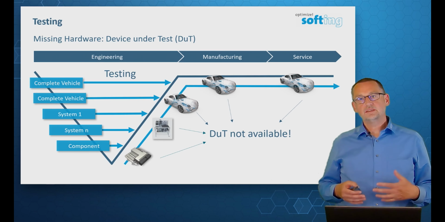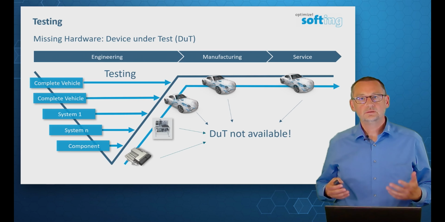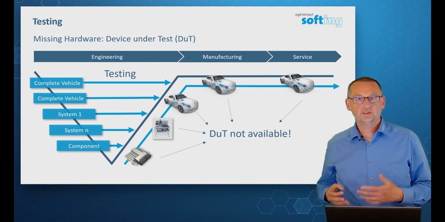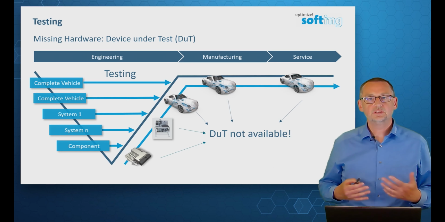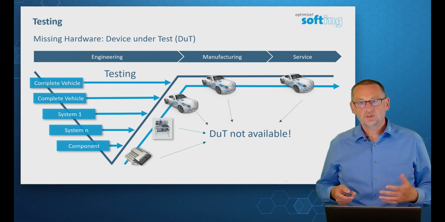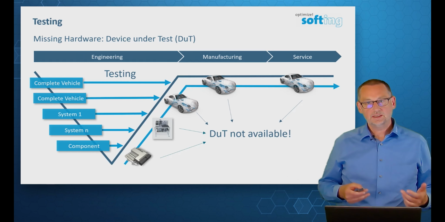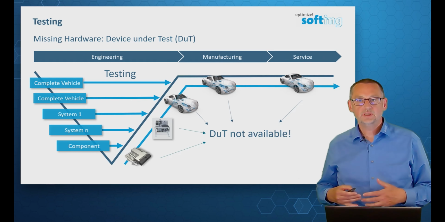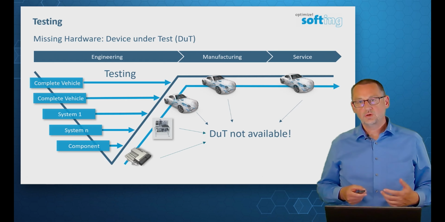However, these devices under test are not or only partially available at the beginning of the development process. To overcome this problem, one approach is to utilize simulation techniques and virtual prototyping early in the development process.